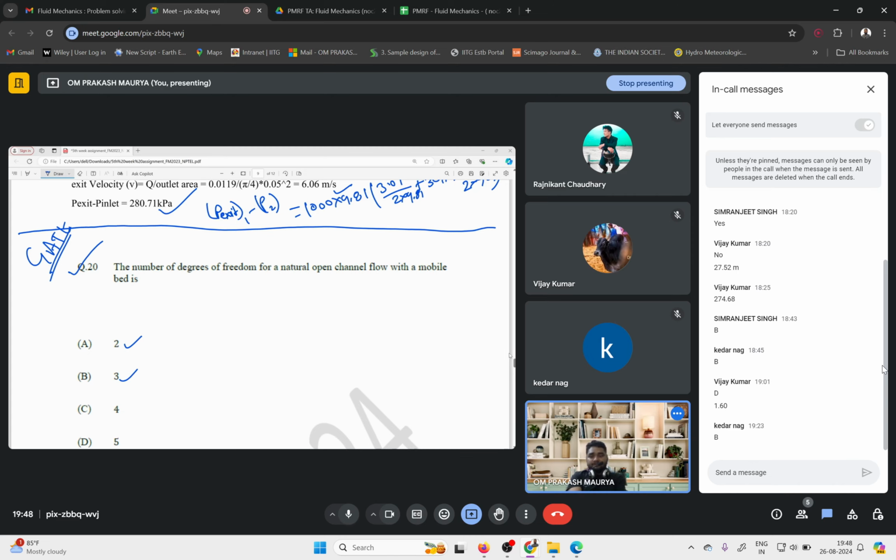Please try to give your answer. Here we are talking about degrees of freedom in an open channel with a mobile bed. When I give the answer, I will discuss what the degrees of freedom will be in different conditions, like a rigid bed when sediment is not moving, or when the lining is only on the bank side, not the bed.